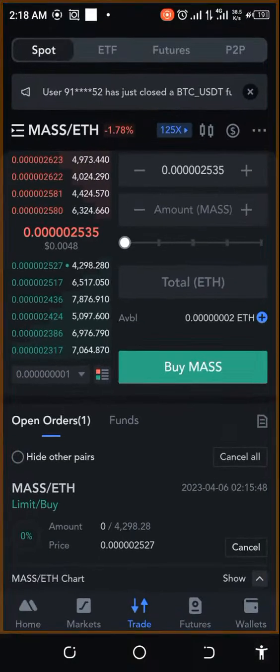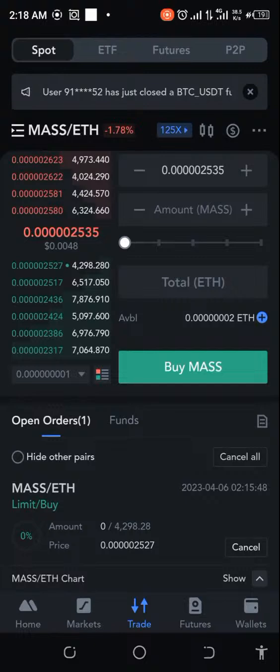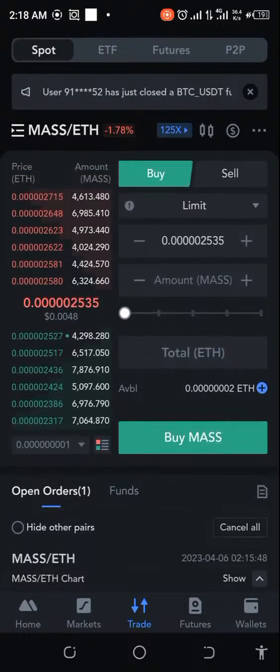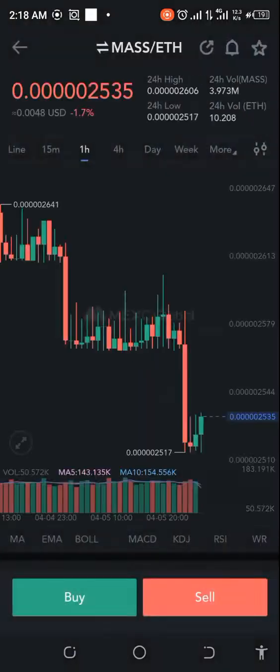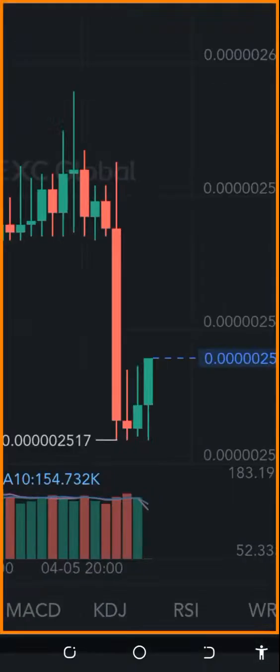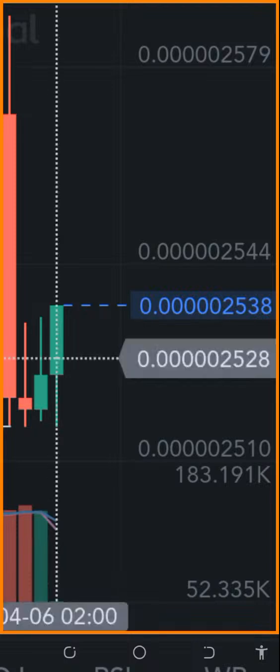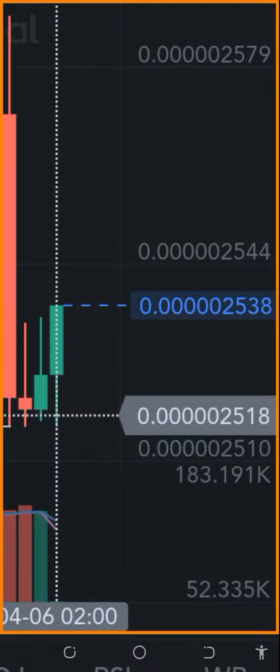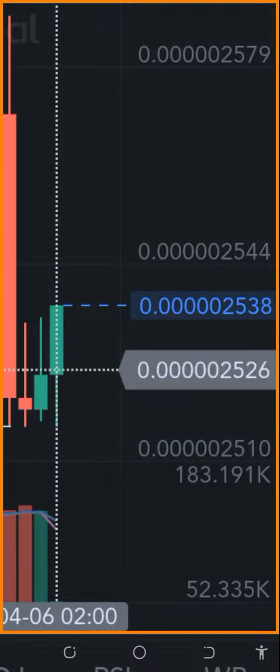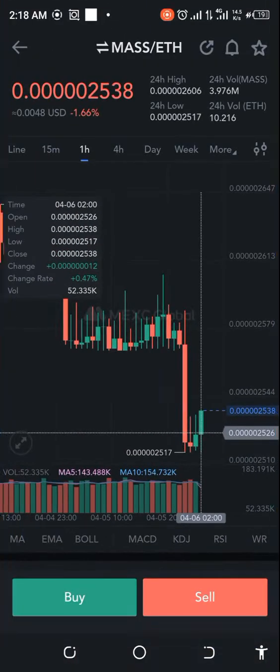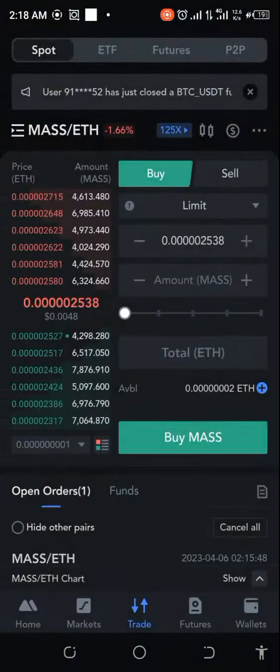The price is currently 2535, so it has to go down to 2527, which is somewhere around here. 2528, 2527, something in this range. So we needed to see it come back down. But anyways, I'll be back to give you the results. Let's see how this goes.